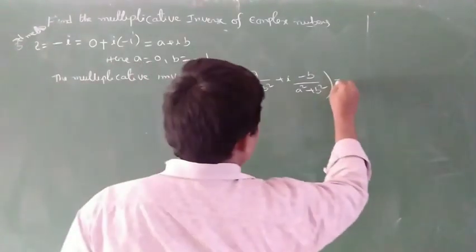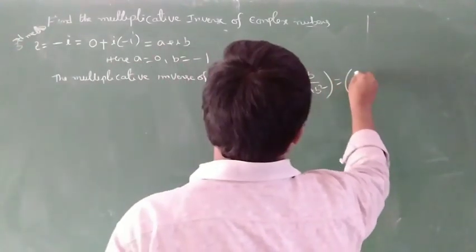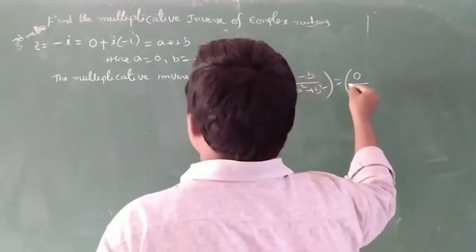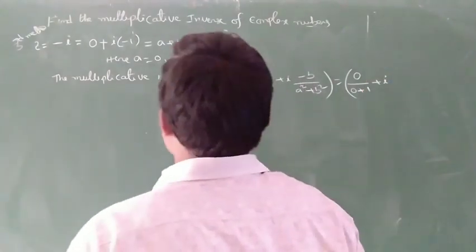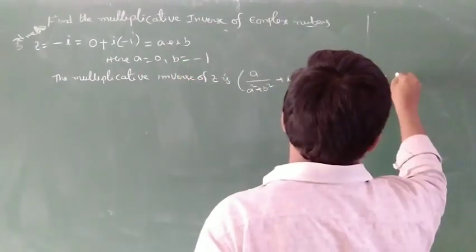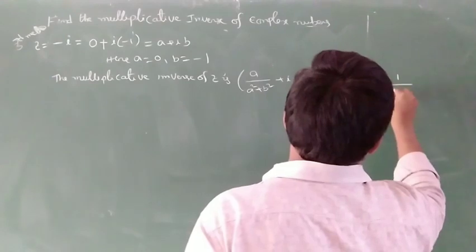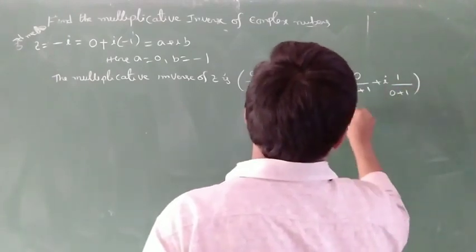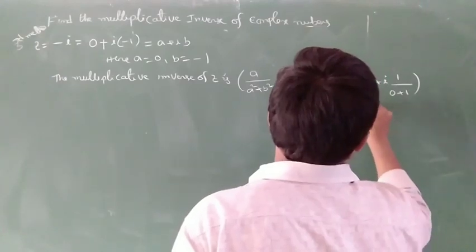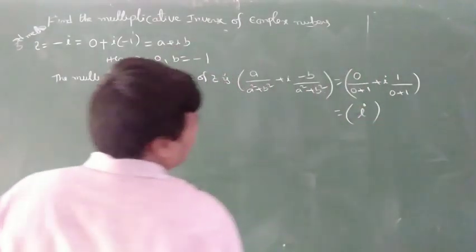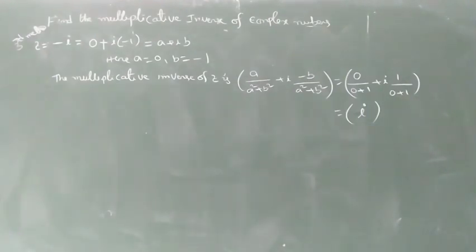So a is equal to 0, so 0 by a square plus b square, plus i into minus b, where b is equal to minus 1, so minus b is 1, by 0 plus 1. That is equal to, 0 by anything is 0, so the multiplicative inverse of Z is i. This is the answer.